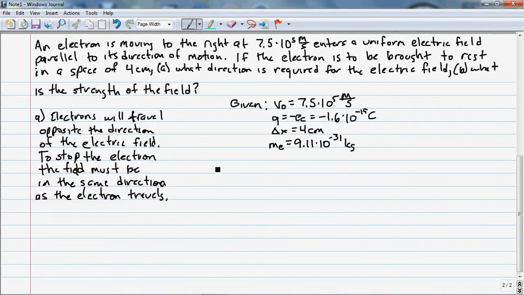Okay, so let's start by figuring out how we can solve this. Well, we're talking about velocities, and I know that V final I want to be equal to 0 meters per second. And I have no time.